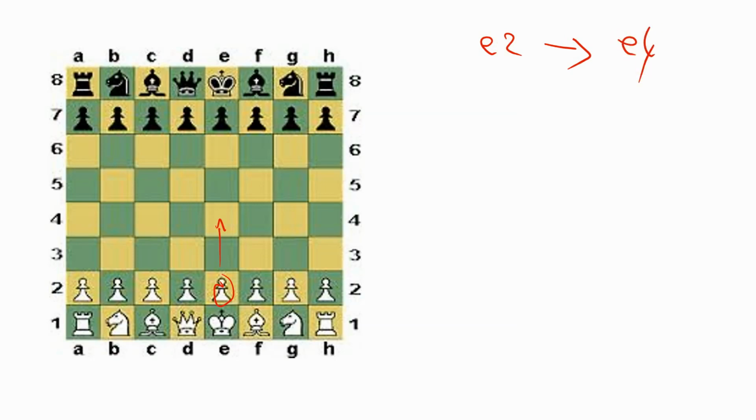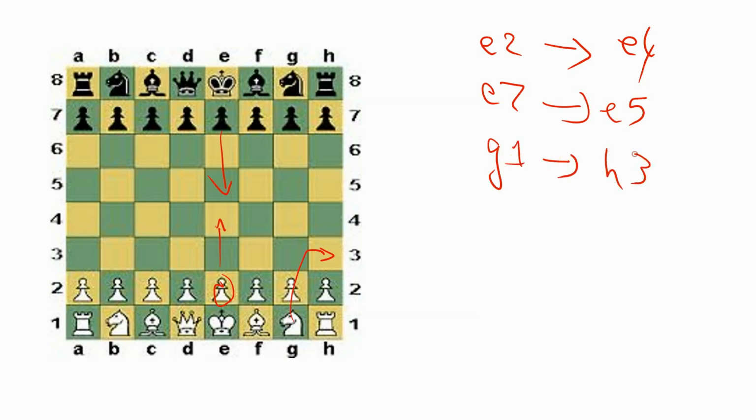And then your opponent would start playing by saying, for example, E7 to E5. And then you would say, for example, knight, you want to move it from G1 to H3. And you can continue this way.